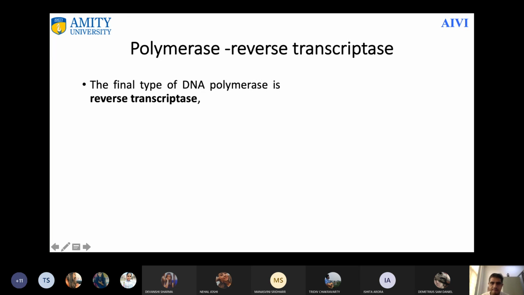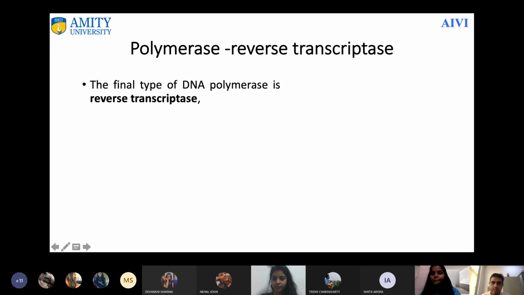Nehal, present, sir. Atoiba, present, sir. Devanshi, present, sir. Nandini, Nandini, Kshitij, present, sir.